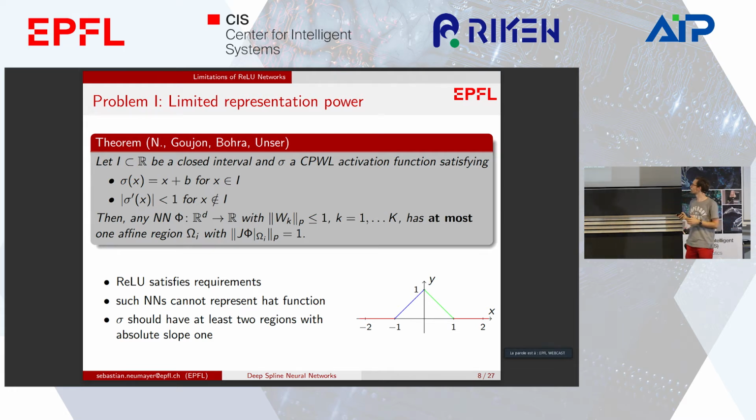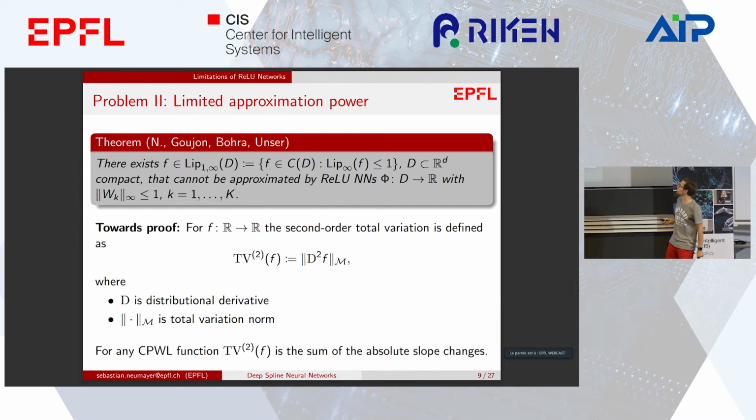This is the first thing which is a bit unsatisfying, but maybe you will ask, representation is always difficult, we will never be able to represent a non-piecewise linear function. But on the next slide, we will see that approximation is also limited in this setting.